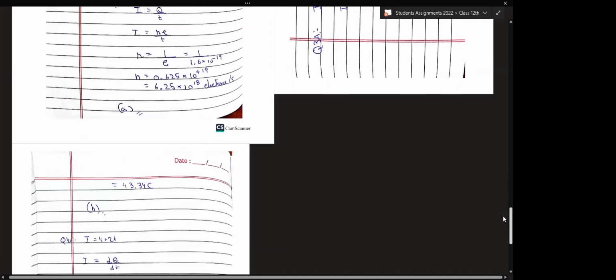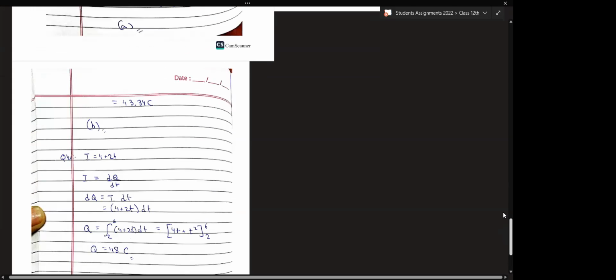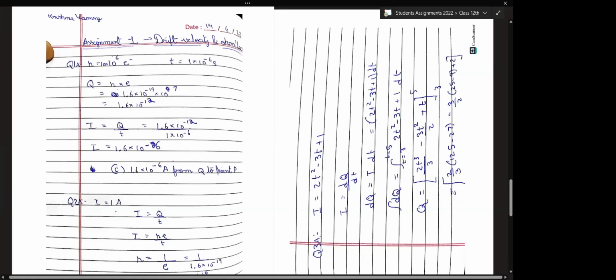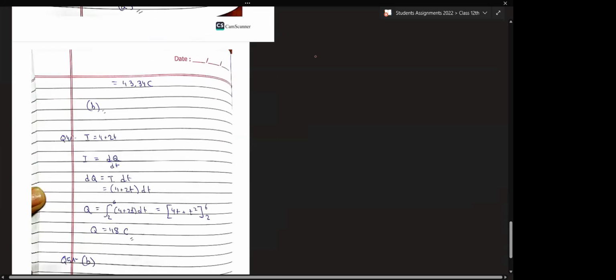The answer of the third one is 43.34, 48 coulomb in the B part, and 6 into 10 to the power minus 6. This is integration. Whenever you are given charge, for example 3t square plus 2t, and you have to calculate the current, then you differentiate it, dq by dt.